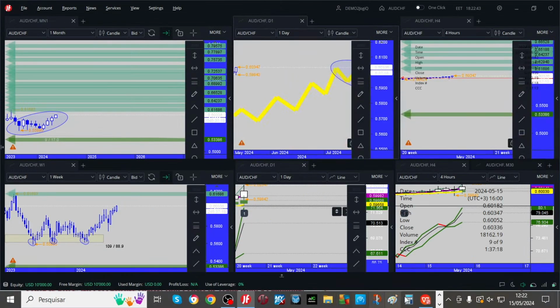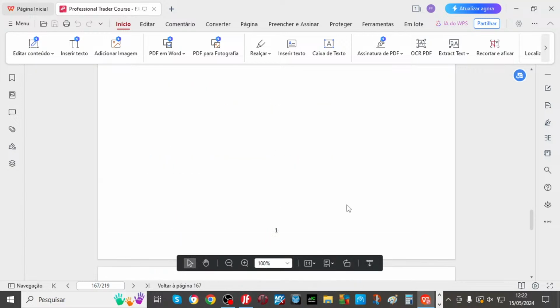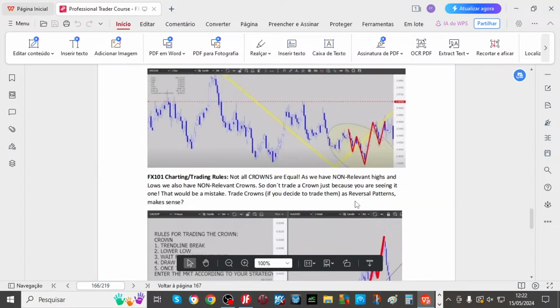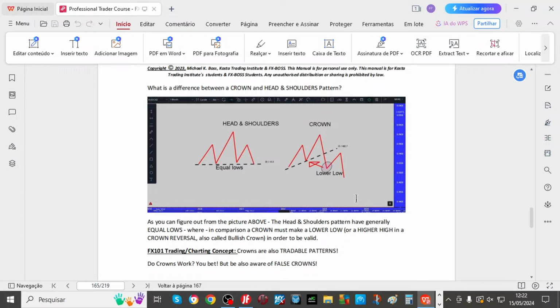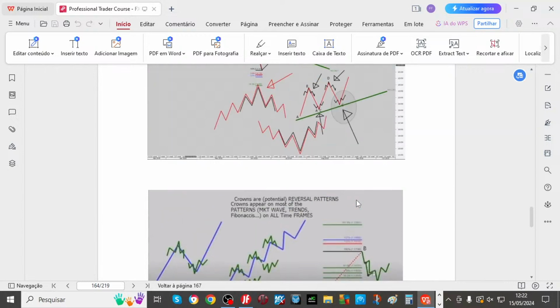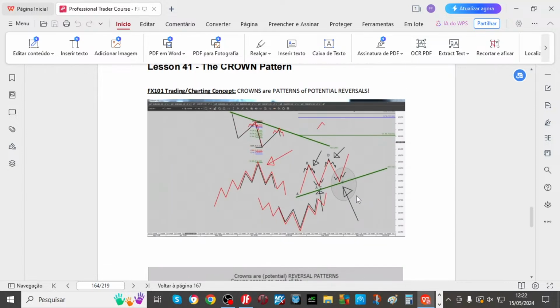Crowns are reversal patterns. What does the manual say? If you're not willing to listen to me, listen to the manual. But I built the manual. See the crowns, everybody? Crowns are reversal patterns.